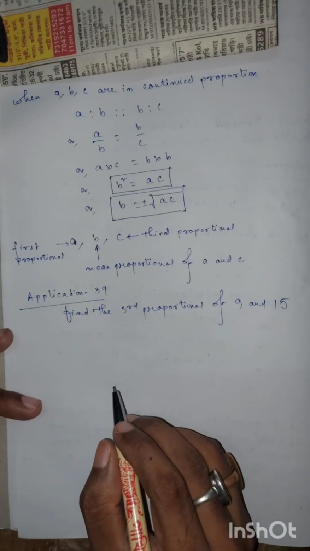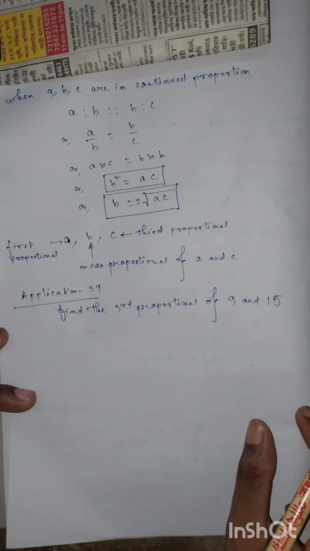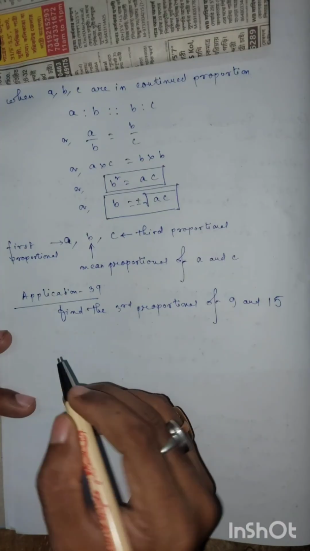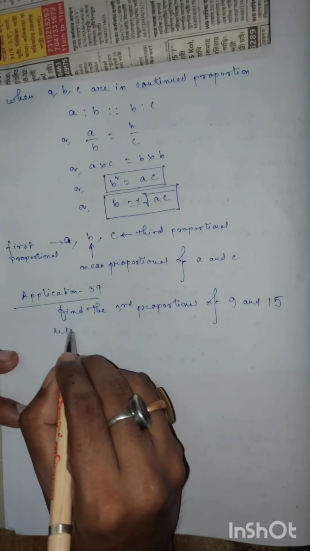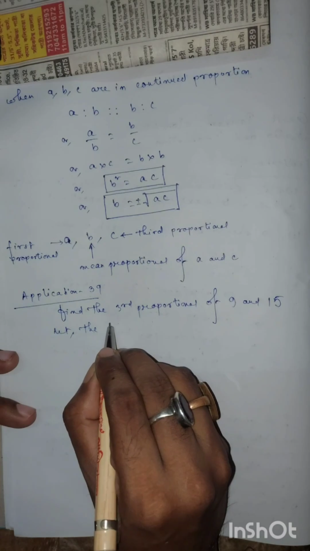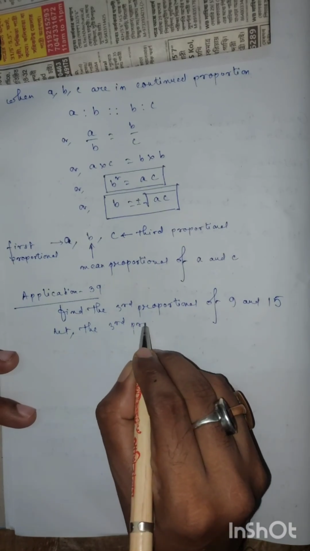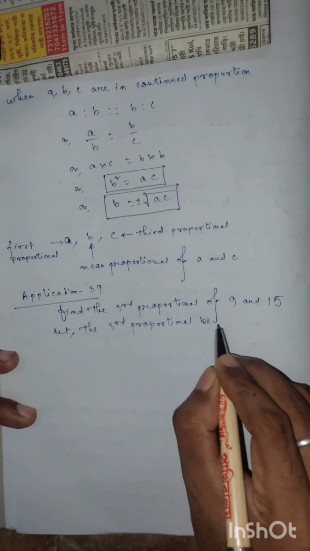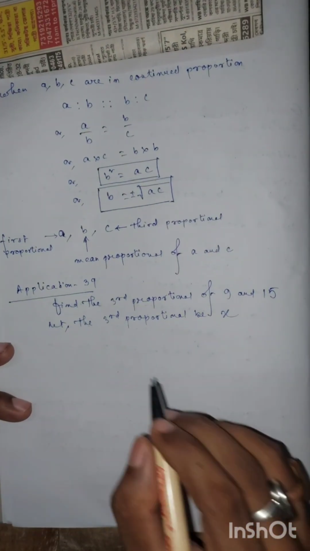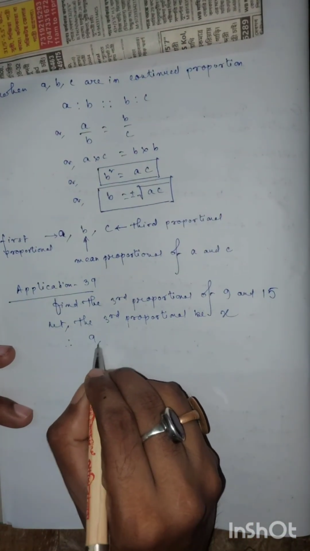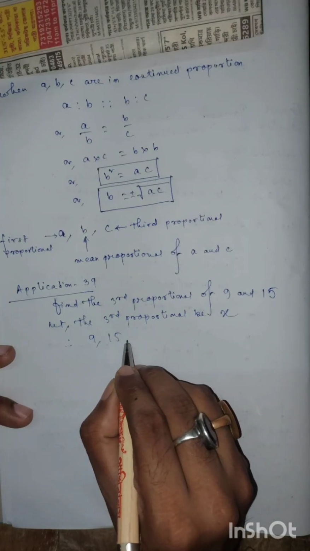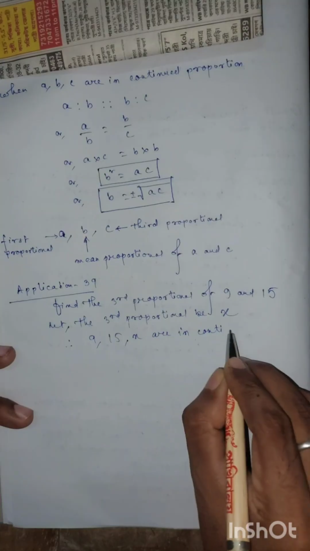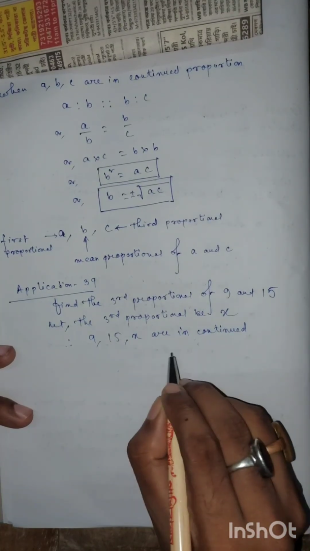Find the third proportional of 9 and 15. Let the third proportional be x. Therefore, 9, 15, x are in continued proportion.